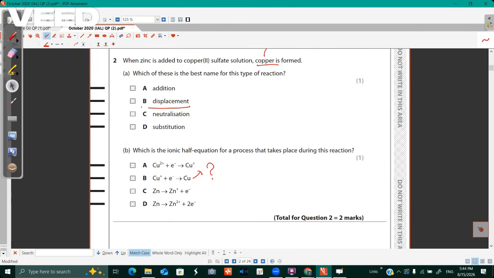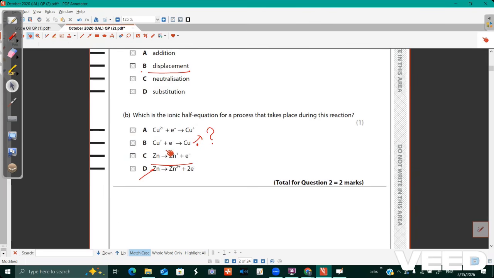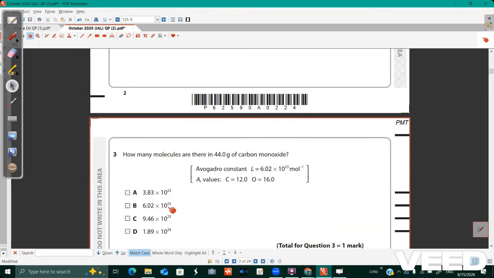It is much better if you have two electrons and completely reduce, but this looks suspicious, so you leave it for later. Zinc is getting oxidized. So the answer is D, right? So if you have a suspicious answer, leave it like that, right?